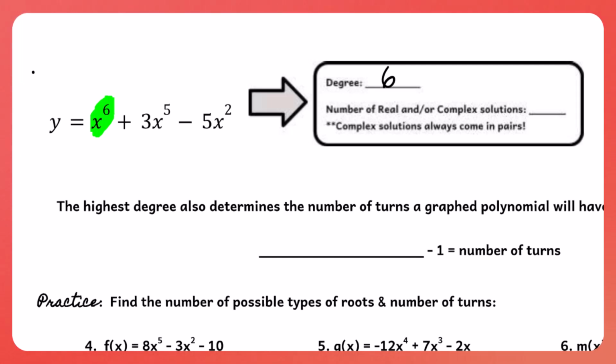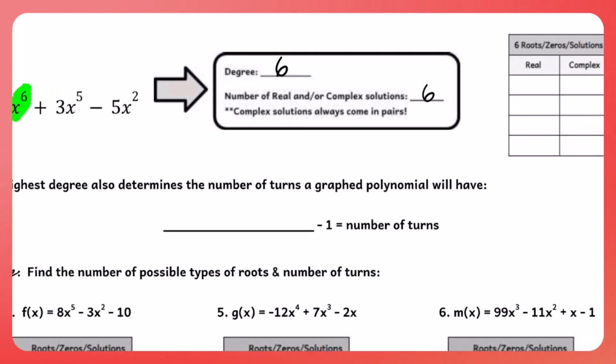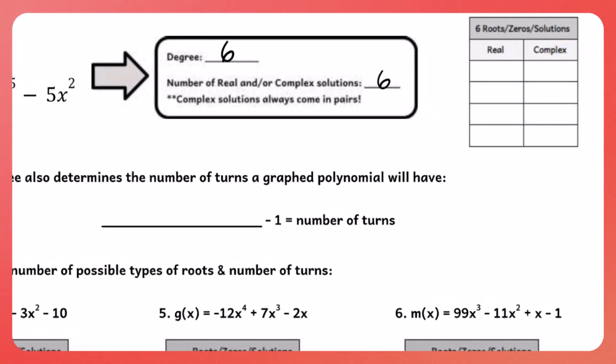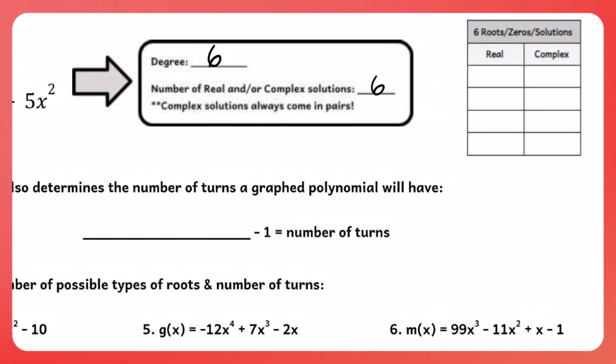Now, one of the things that tells us is that we've got two different types of possible solutions, real and complex solutions. Whatever those combinations are, they have to add up to 6. Here's one of the most important things about the real and complex solutions. Complex solutions, I want you to put a star by this or make sure you know that they always come in pairs.